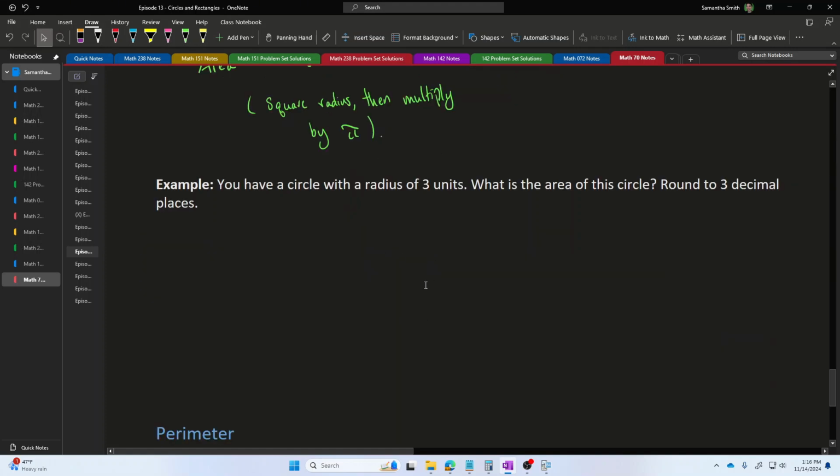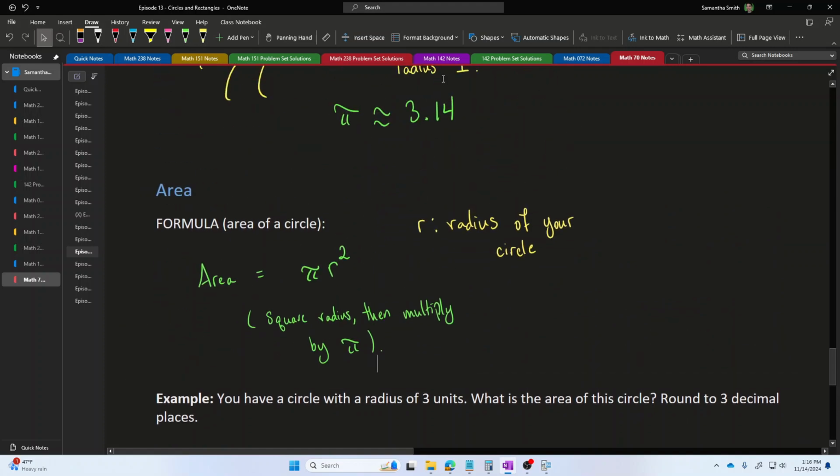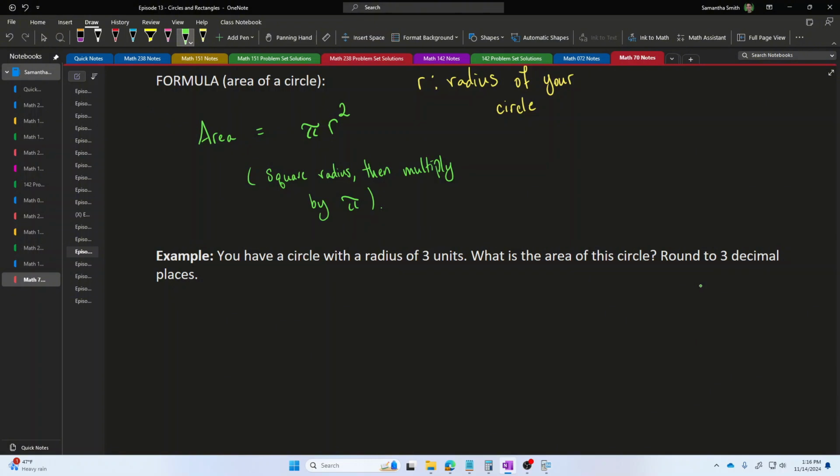Now, the first thing that I'm going to do, since I need my answer rounded to 3 decimal places, is get myself a value of pi that has more than 3 decimal places. If we want our final answer to have 3 decimal places, it's a good idea to have the values in the middle have extra decimal places just in case you need them. So I will, based on the final answer, get pi to 5 or 6 decimal places first.